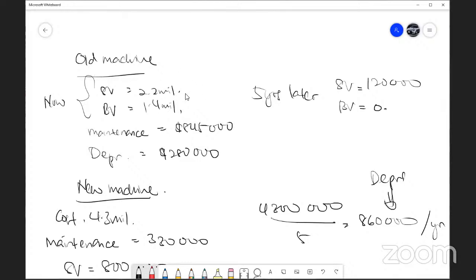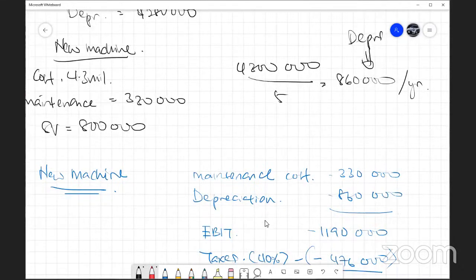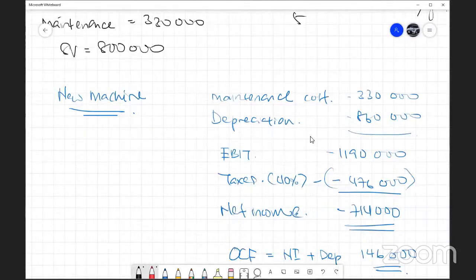So we will take this $2.2 million as the cost, because this is opportunity cost. Although you're not buying anything new, today you can sell it at $2.2 million. And it has a 1.4 million book value. So you need to count your initial cost: if today you sell off this machine, how much do you actually get back?